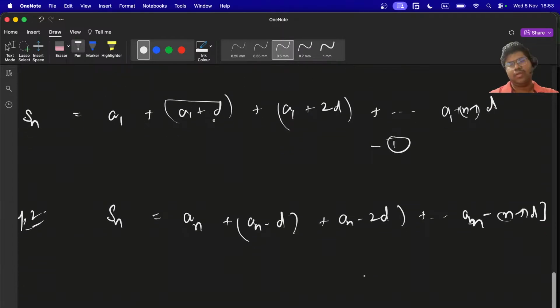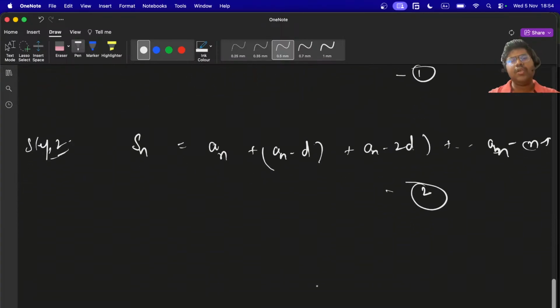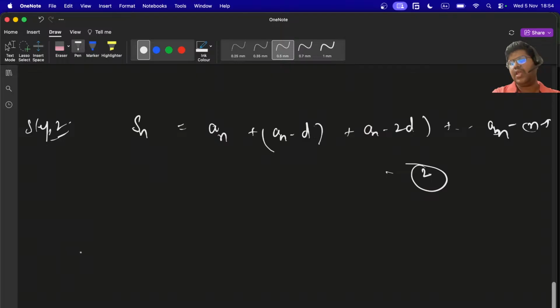This is equation 2. Now we have equation 1 and equation 2, and we simply add up the two equations.